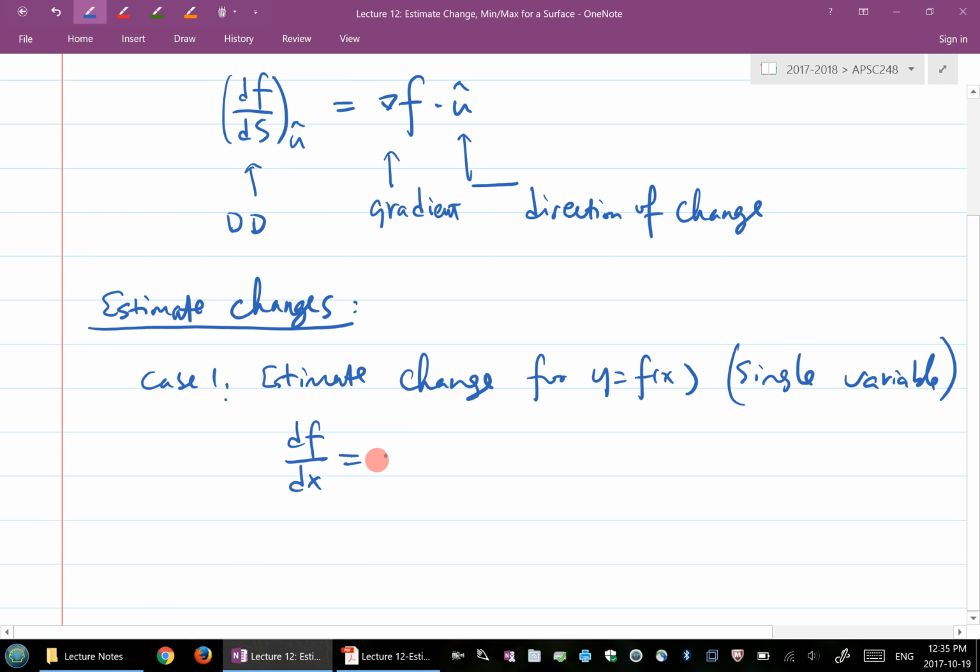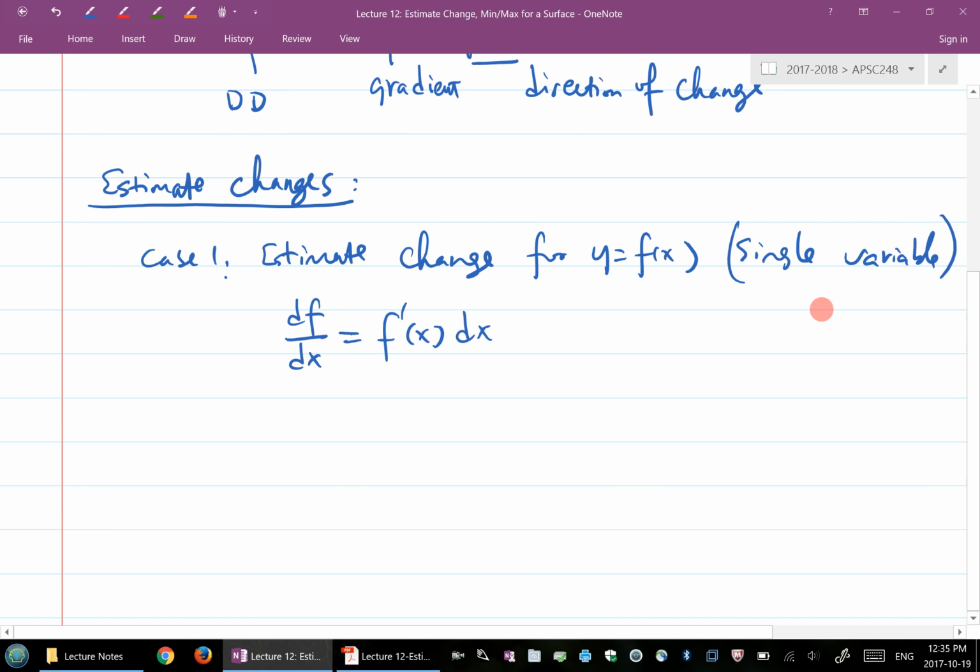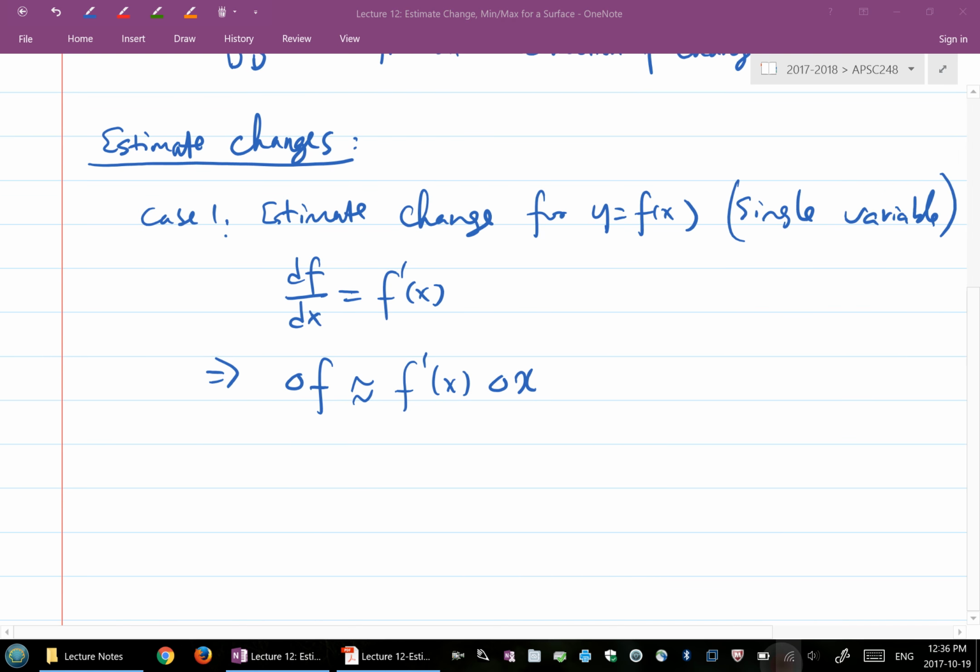That's your derivative here. If we wanted to estimate the change, this is the estimated change, delta f instead of straight d. It's approximately equal to its derivative times delta x. So that's for a function of a single variable how you can estimate change.